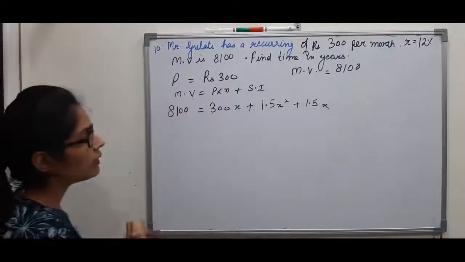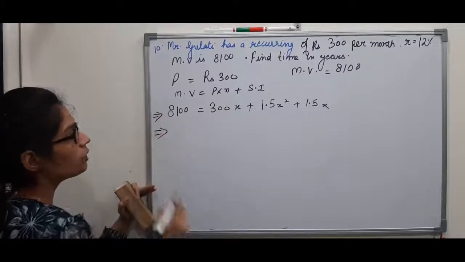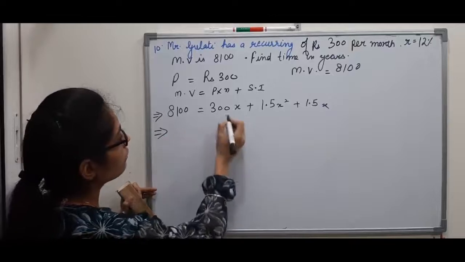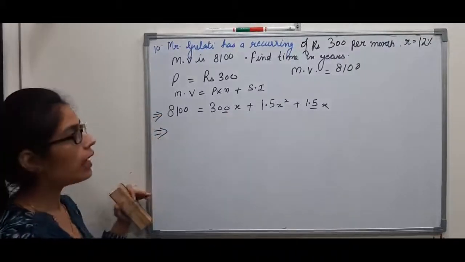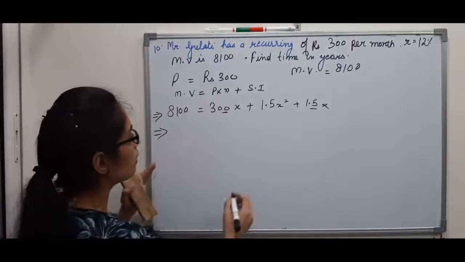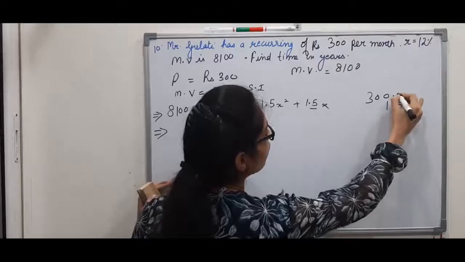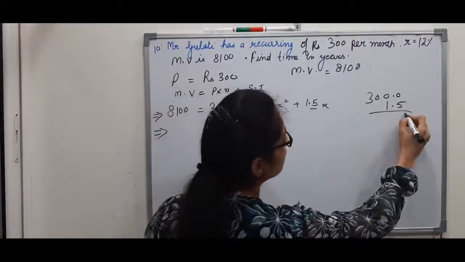In the same way we will proceed. We will shift everything to one side because we need a quadratic equation. So I will write, first of all, 300x and 1.5x. These both are like terms, so let's add these terms. 300 plus 1.5. I have told you, if the decimal is not there, put the decimal at the end and 0 after that decimal.